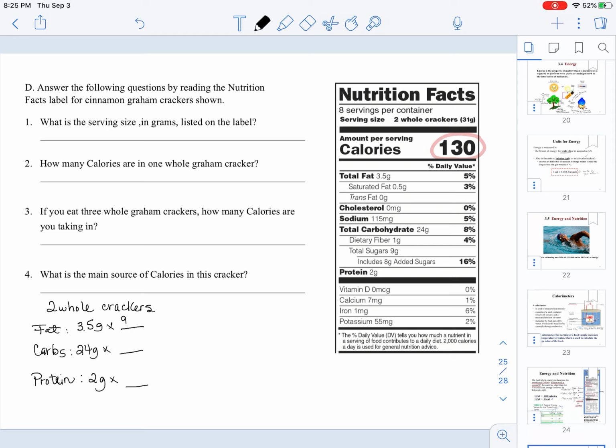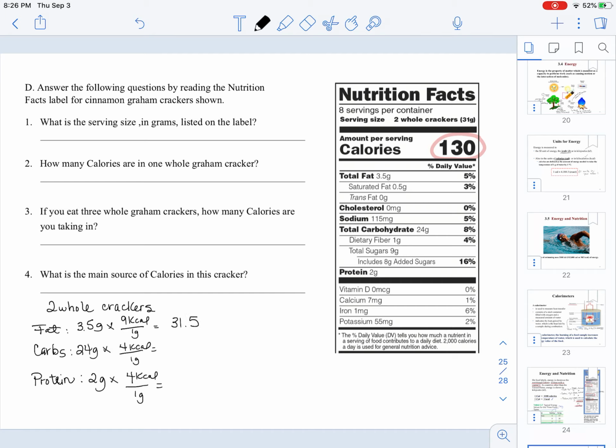So we add the amount of energy that each one of these biomolecules contains. Fat contains 9 kilocalories per gram. Carbs contain 4 kilocalories per gram. And lastly, protein contains 4 kilocalories in 1 gram. So when we do this math, we will do 3.5 times 9, so we obtain 31.5.